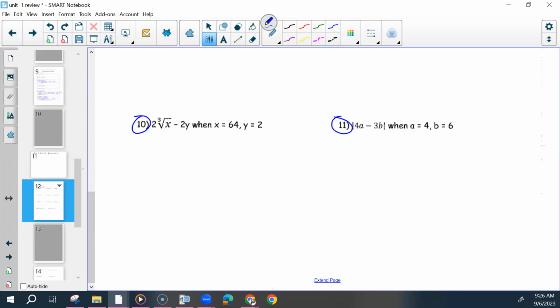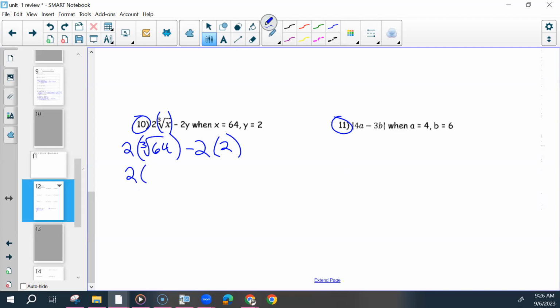We're going to put them into both. This is 2 times the cube root, so if you want to put in those parentheses, you're more than welcome to. So 2 times the cube root of 64 minus 2 times... Order of operations, what are we doing first? Which one? The cube root, so find the cube root of 64.